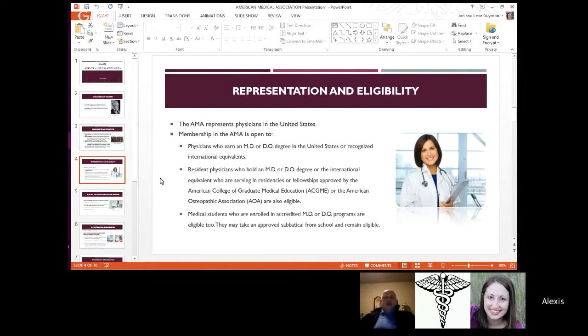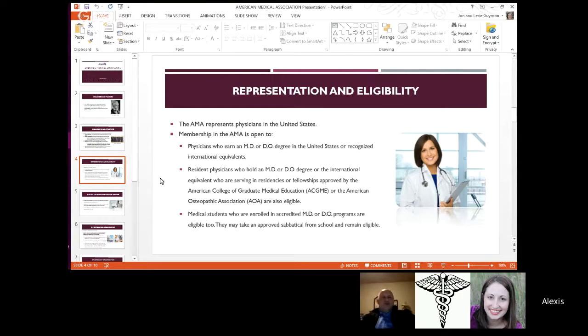So I've got the representation and eligibility. Any physician who's an MD or a DO in the United States or the international equivalent may join, or resident physicians who have the MD or the DO degree or the international equivalent, and who are serving fellowships approved by the American College of Graduate Medical Education or the osteopathic equivalent.